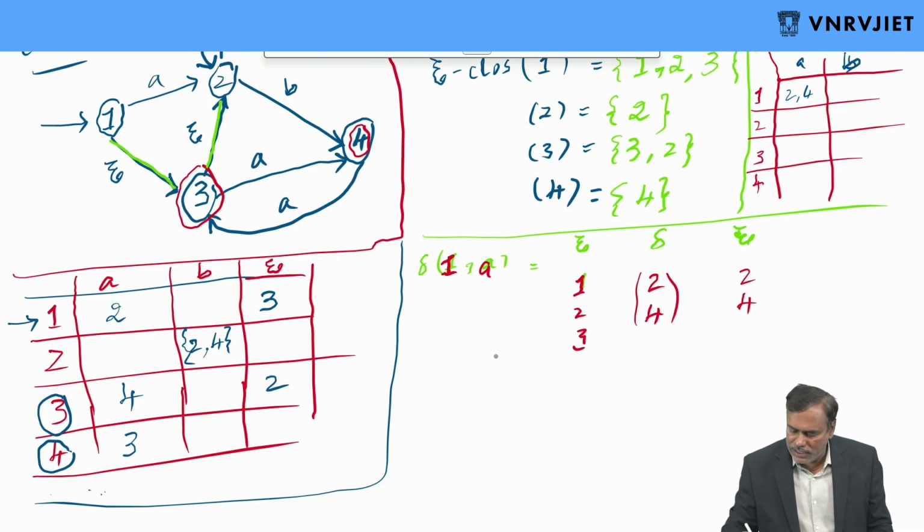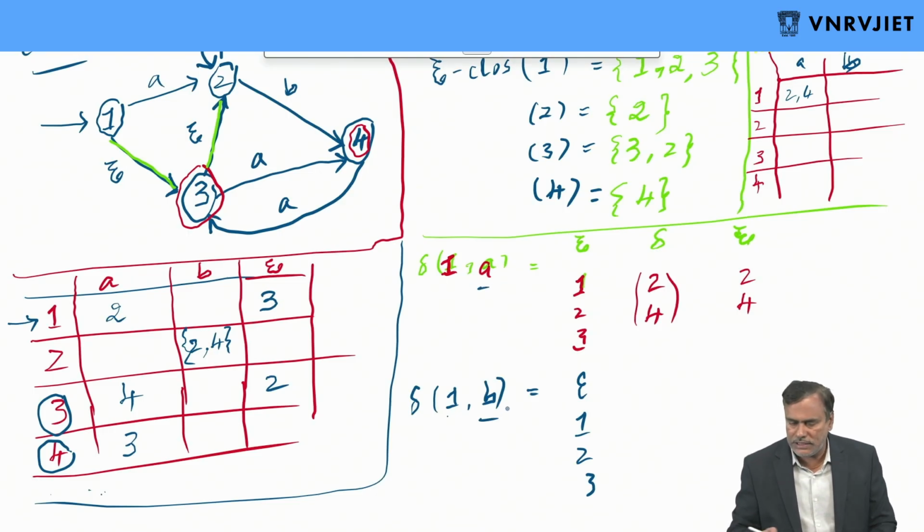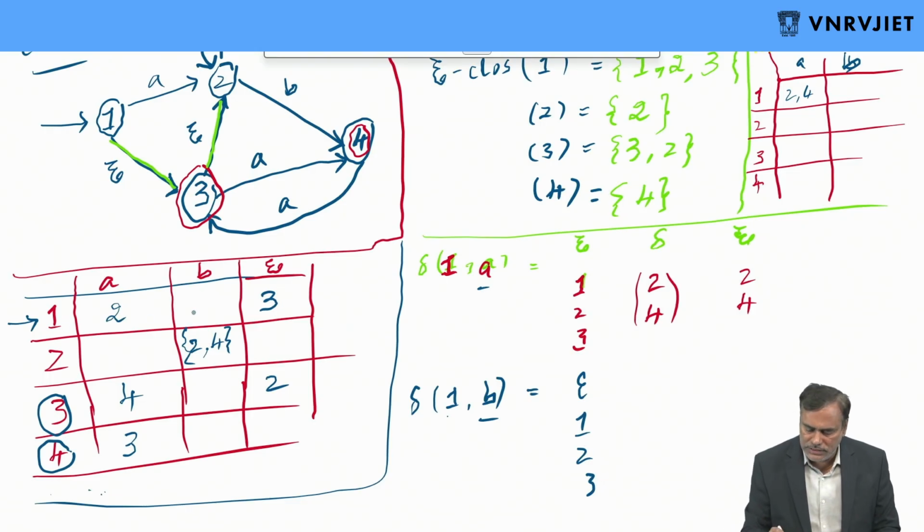So whenever you want to find delta of 1B, what are you supposed to do? Already you know the epsilon closure of state 1, that is 1, 2, 3 itself. But this time the input symbol is different. In the previous case you had A, but this time you have the input symbol B. So you have to take 1B union 2B union 3B. 1, 2, 3 on B is blank, 2, 4, blank.